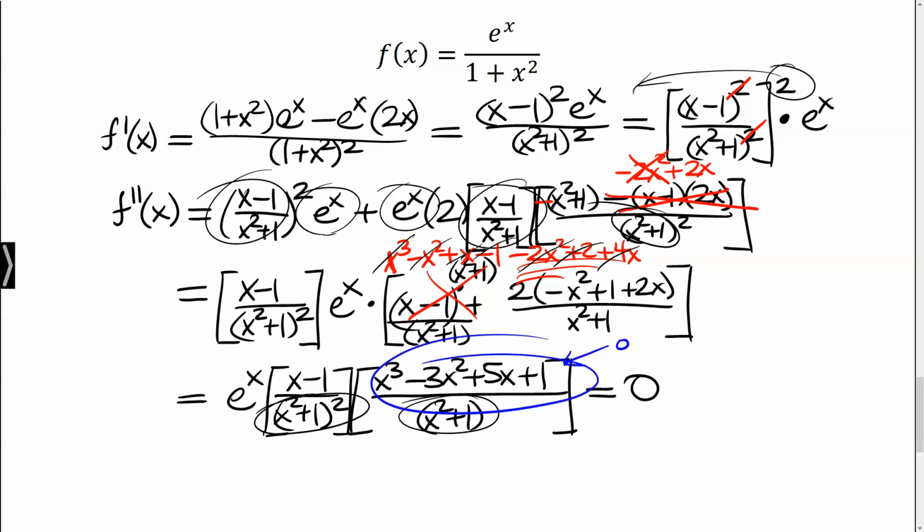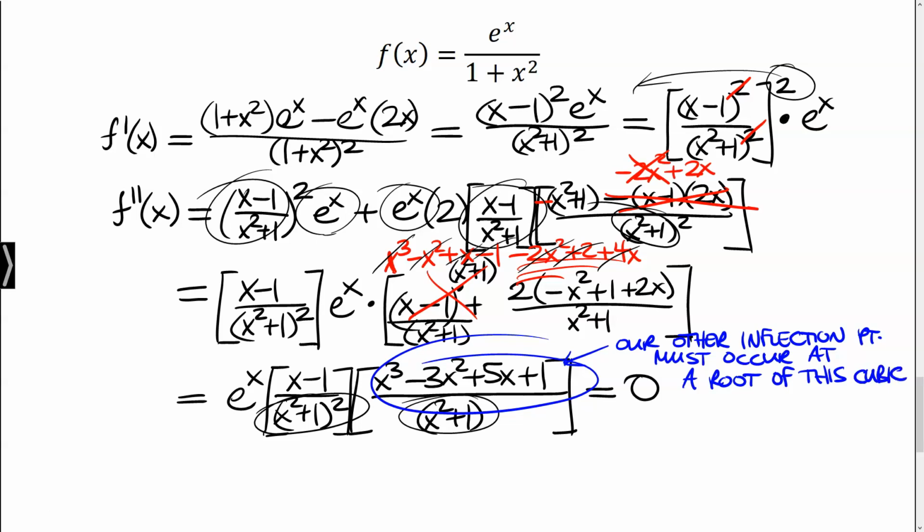Okay, so our other inflection point must occur at a root of this cubic polynomial. So why don't we call this g of x?